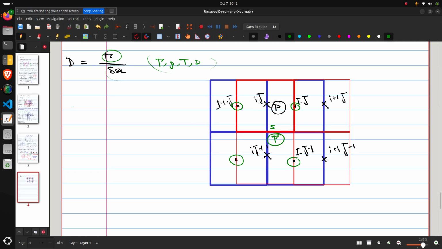We will take gamma at capital I minus 1, capital J, plus gamma at capital I, capital J, plus gamma at capital I minus 1, capital J minus 1, plus gamma at capital I, capital J minus 1, divided by 4. So our D, Ds, will then become this divided by 4 delta x. Actually it will not be delta x; for the south face it will be delta y, right? So this is the way you will compute the different F and D terms.